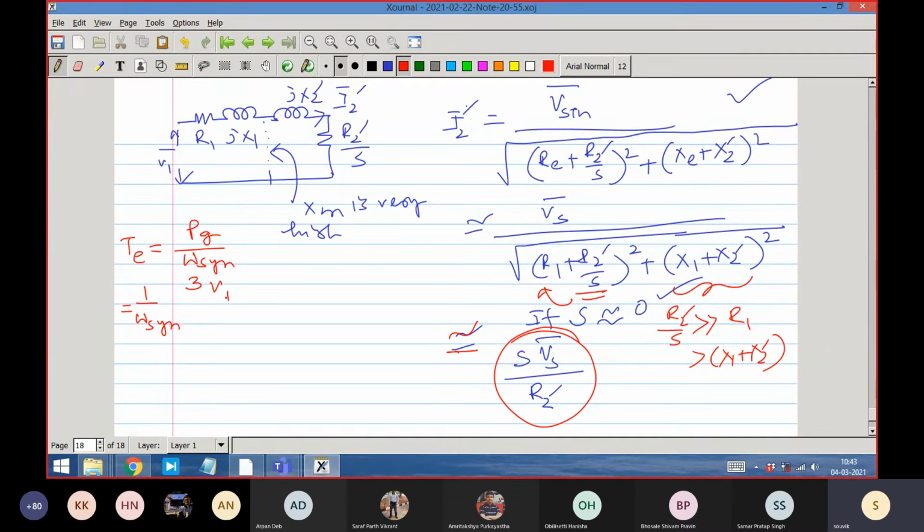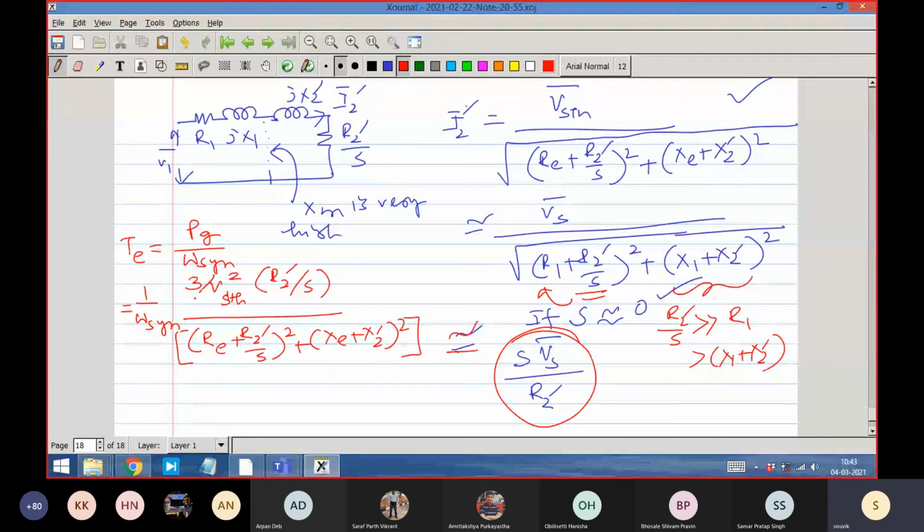So it is V S Thevenin square into R2 dash by S, and the current expression I'm writing from here, that is nothing but (RE plus R2 dash by S) square plus (XC plus X2 dash) square, the whole into a bracket. This part is I square. I square R2 dash, 3 is for 3 phase, divided by omega sin. This is the actual torque expression.